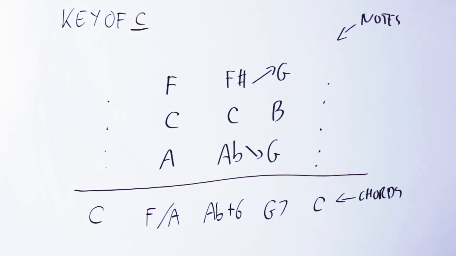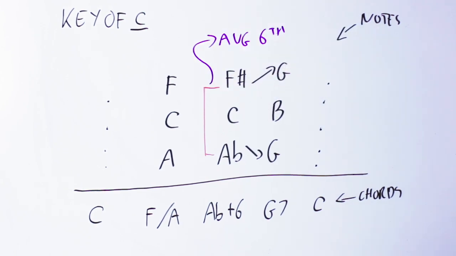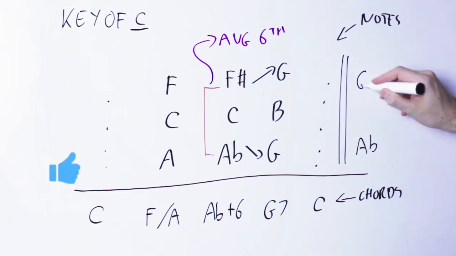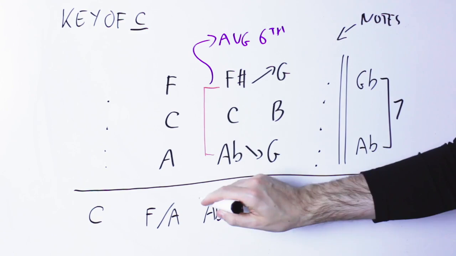The important feature is this interval between the A-flat note and the F-sharp note. Those are both altered notes, they are not originally in the key of C, and the interval between them is an augmented sixth. And this interval is enharmonic to a minor seventh.